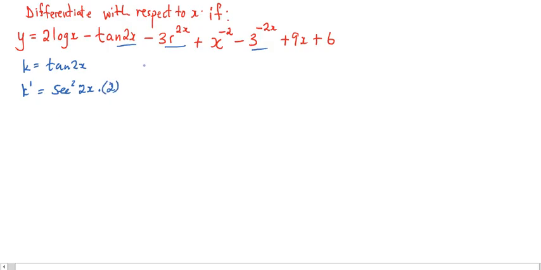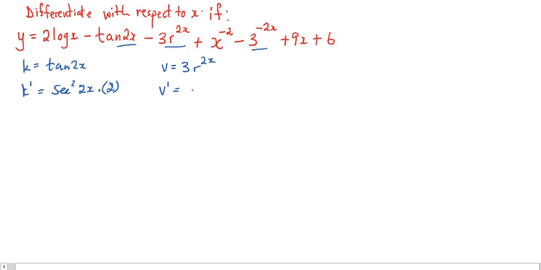And then let's make another one. Let's call this one v, which is given as 3 r to the power of 2x.